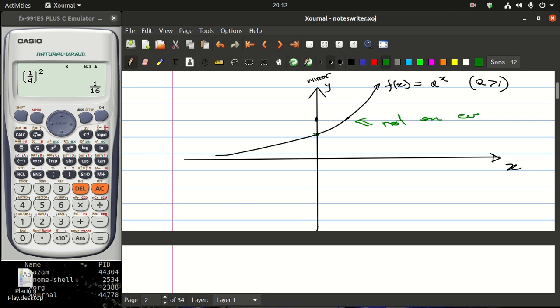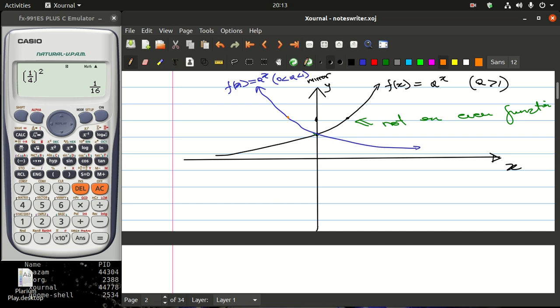Now, if again I were to plot a different plot, suppose I have a function which is f of x is equal to a to the power x, where a is between 0 and 1. So this is going to be the plot. Now I'm going to take an orange color and look at this. This is the mirror along the y-axis, and I'm going to look into this side here.